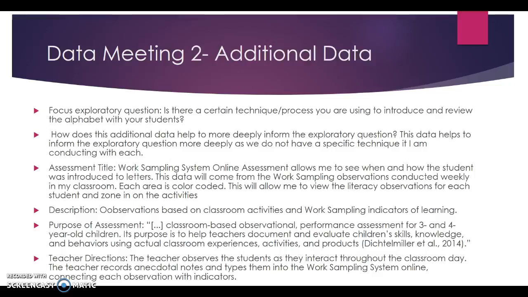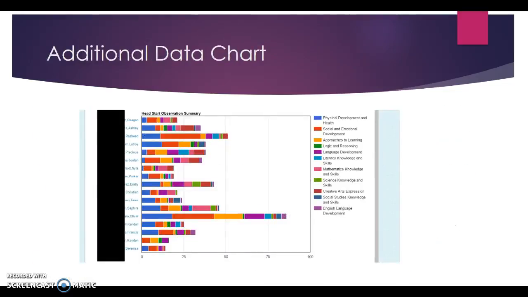During Data Meeting 2, the teachers reconvened to examine the additional data and artifacts decided in Data Meeting 1. The additional data I chose to include was a work sampling chart from the Work Sampling online system, which is based on anecdotal notes.